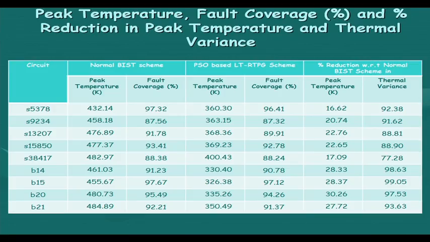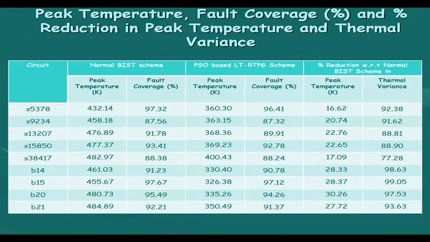If we run it for more cycles, then more patterns will be generated and the fault coverage value will improve, but the peak temperature values will become slightly worse than what we have got here. Still we can get savings in peak temperature, maybe not as high as this one, but at least 10 to 12% improvement can be obtained, and the fault coverage value can be restored to the original values.